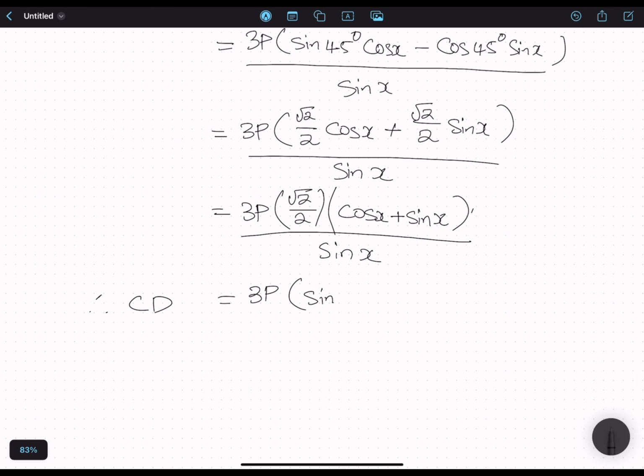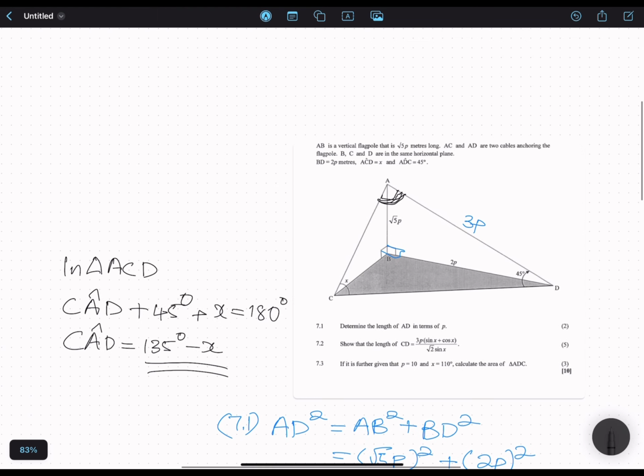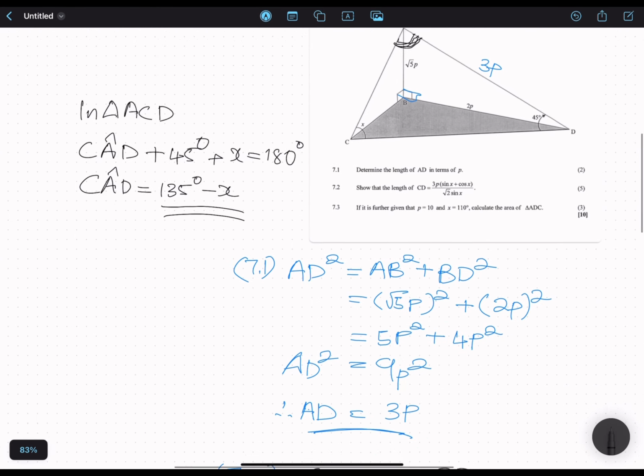Sine x plus cos x, because this is how they want it. Divide by, then it's going to be square root of 2 sine x, which is what they want us to prove, show that the length of that, we just showed that.